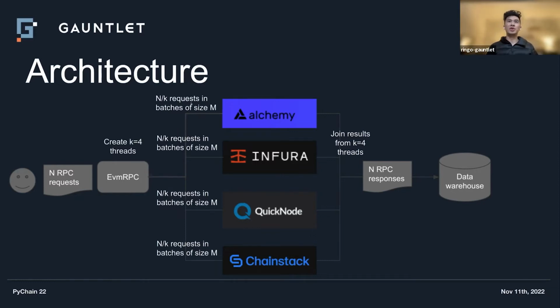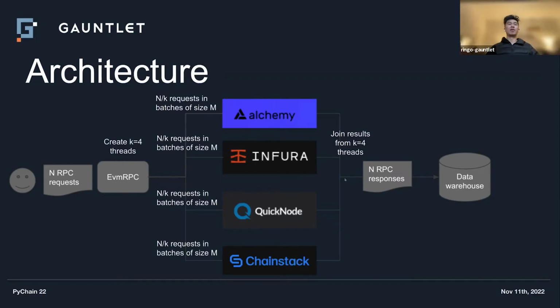What that means is we're essentially load balancing, or you can think of it as distributed RPC requesting to different nodes of the original request that came in. In this way, each of the providers handles a smaller subset of the n requests. We then join the results on the right from all 4 of the threads once they complete, and we get the n responses, which we then write to our data warehouse.